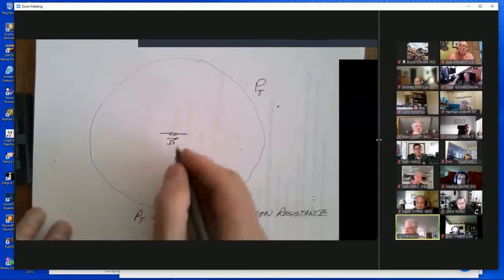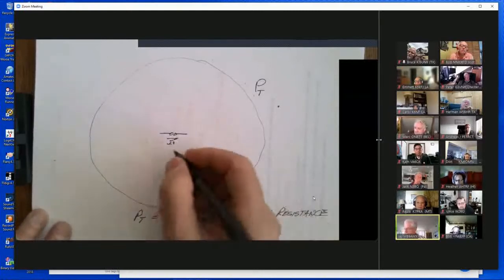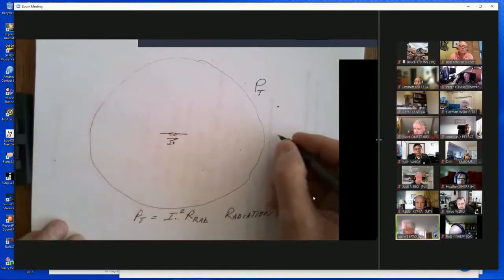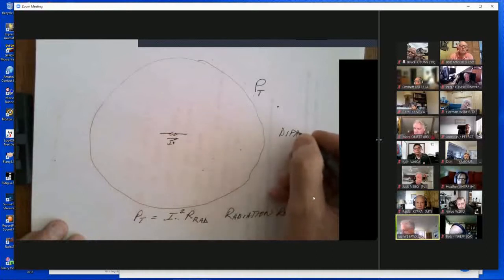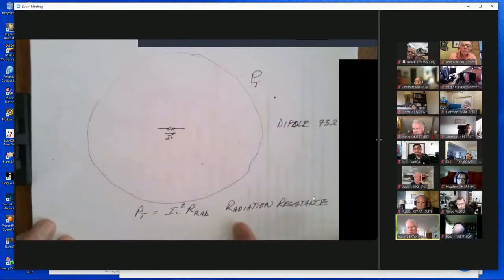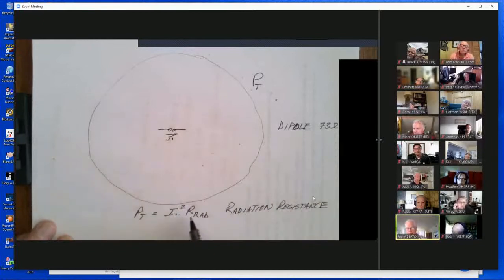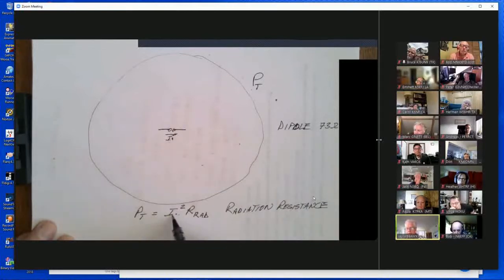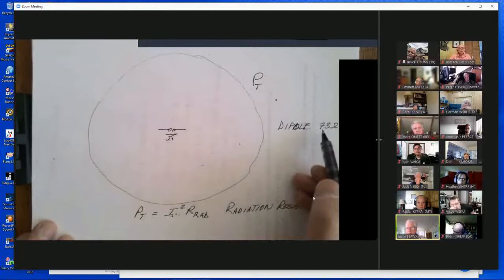A perfect half-wave dipole has a radiation resistance of 73 ohms. In other words, for the same amount of current, notice what happens here. If I have I squared times 73 ohms, I will get a certain amount of power. If I have 1 amp going in here, 1 amp squared, 1 times 73, 73 watts.